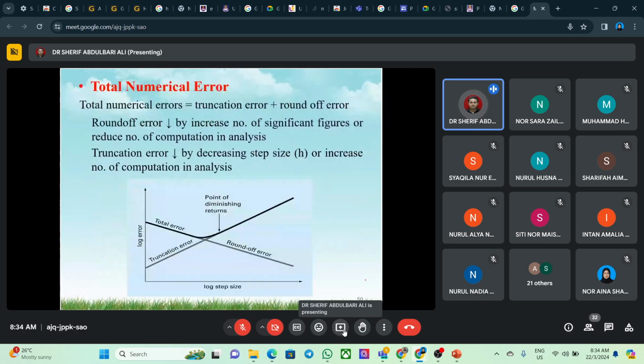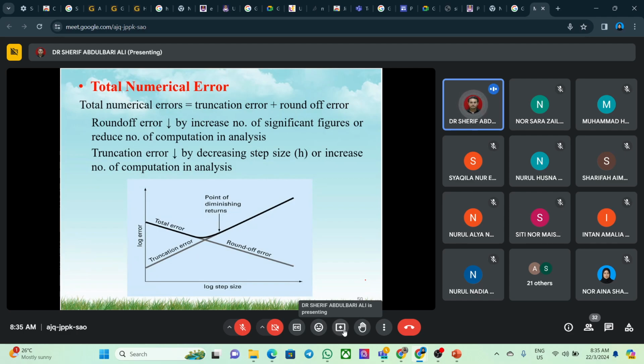I need to talk now about the total numerical error. When you are doing any mathematical or numerical calculations, the total error from the numerical calculation could happen because of truncation error, because you are approximating the results, or because of round-off error. The round-off error is because of the number of significant figures that you are using for your calculations.